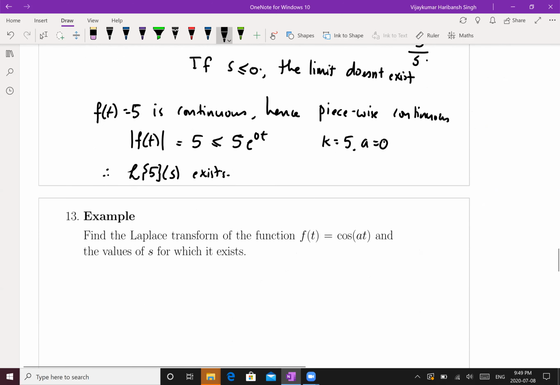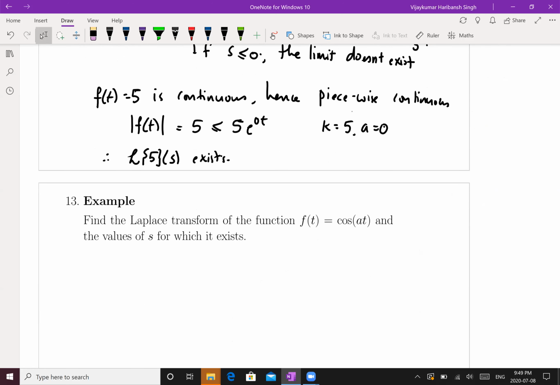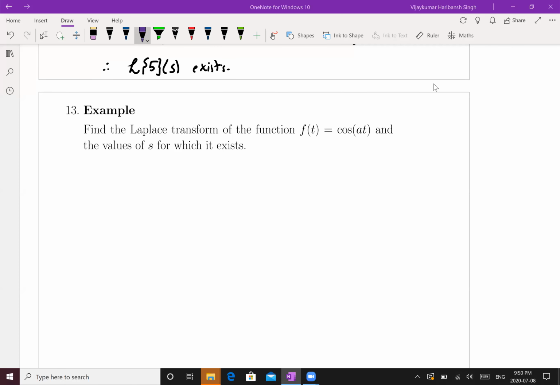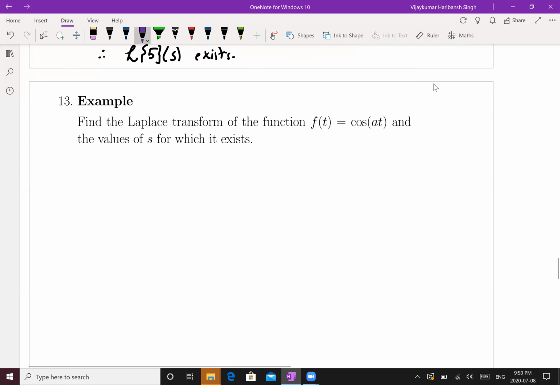So note that you can replace this 5 by c, and you will see that it will be c by s. Now let's look at the next problem: finding the Laplace transform for the function f of t equals cos of at. So we have L of f of t, and the new variable will be s, which is the same as F of s, by the way.